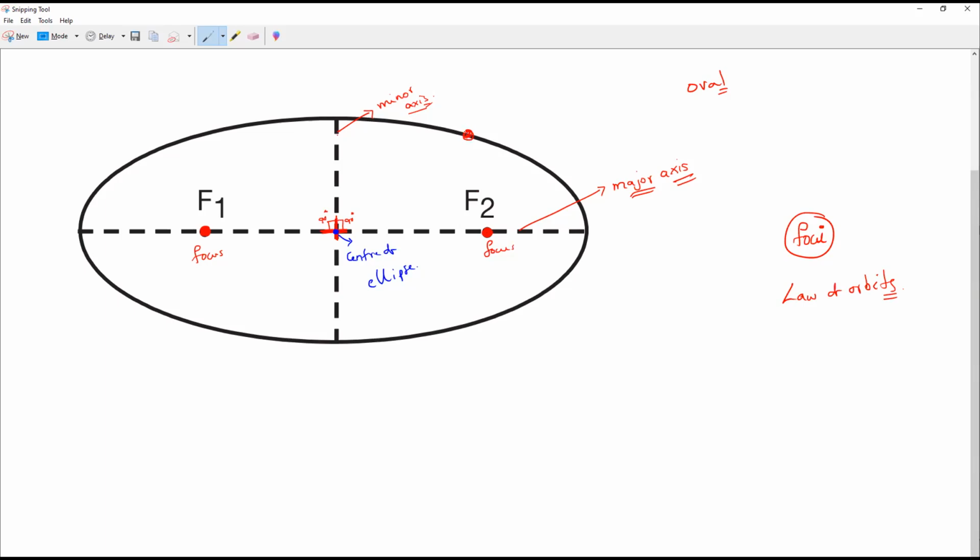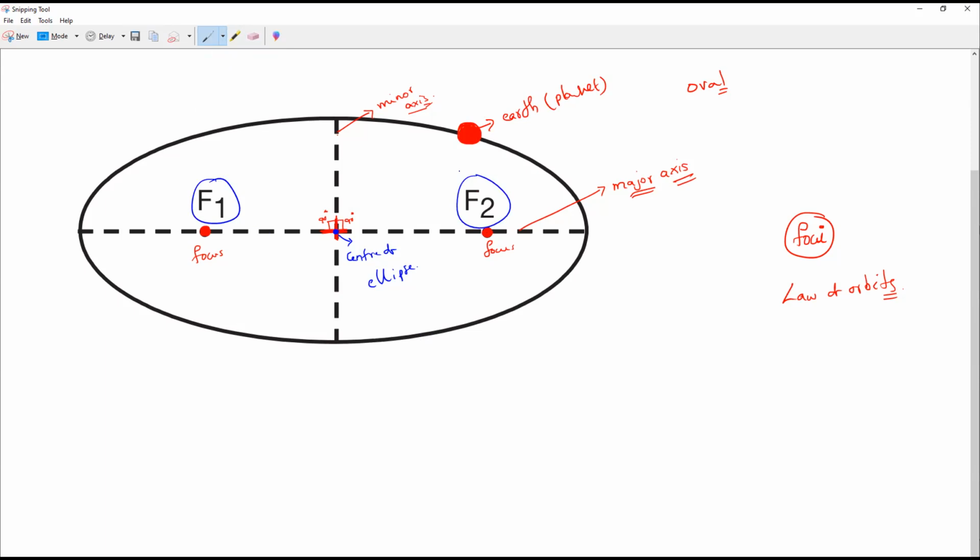This is the planet Earth, which is revolving around the sun. I'm taking any planet; you can take any planet. A different planet has a different orbit. Now, the sun is present either at F1 or F2, any one place.